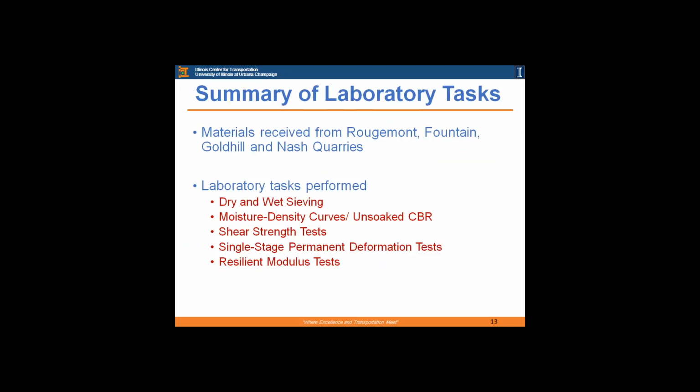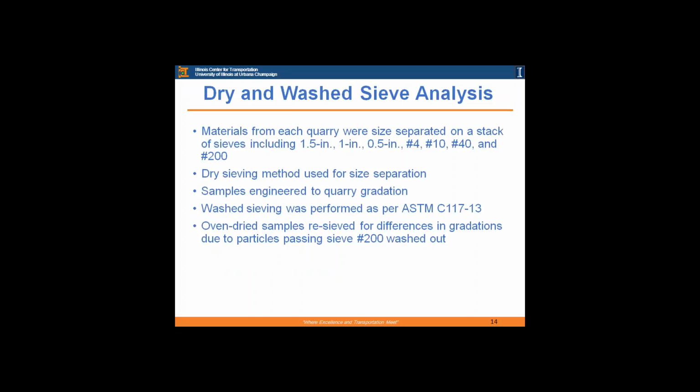So as I said, this is laboratory intensive work. For each material, it starts with dry and washed sieving, moisture density curves, and unsoaked CBR, then the shear strength test and the permanent deformation test. Also, although this is not part of the model calibration, we did some resilient modulus tests for each material at the source gradations.